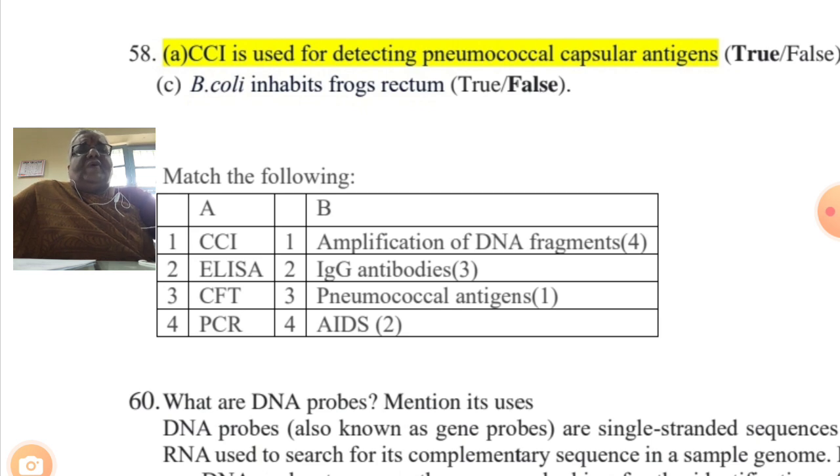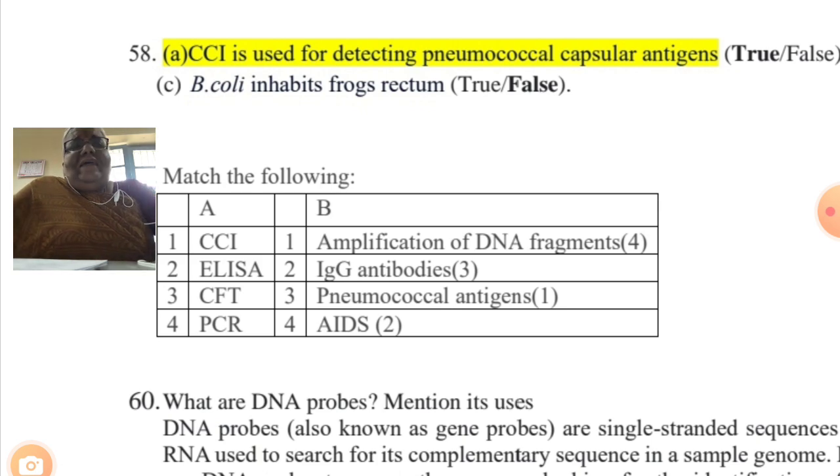Answer is true only. There should have been a slight change in the question. The question should have been like this: B. coli, Balantidium coli, inhabits frog's rectum also, apart from other hosts like monkeys, pigs, etc. If that were the question, answer is true. Okay. So B. coli does inhabit frog's rectum.